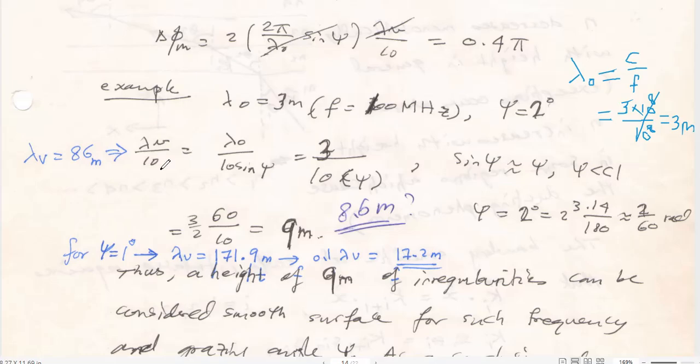Therefore the maximum delta z is lambda v over 10, and lambda v is equal to lambda naught over sine psi. And this is lambda v over 10. Lambda naught is 3 meters here, and 10 is as it is, and when psi is very small, sine psi is approximately equal to psi in radians.